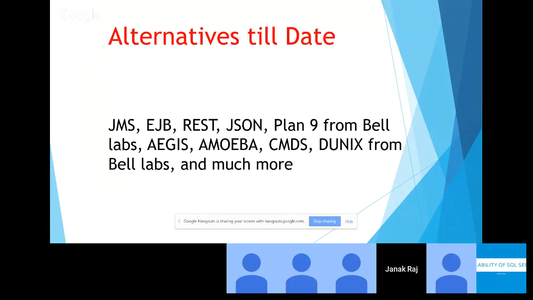Some are old, some are new: JMS, EJB, REST, JSON, Plan 9 from Bell Labs, which I found impressive and pretty appealing even though it is old, Amoeba, Chorus, D-Unix, and much more. We can use other web platforms too, Azure, Amazon Web Services, and all.